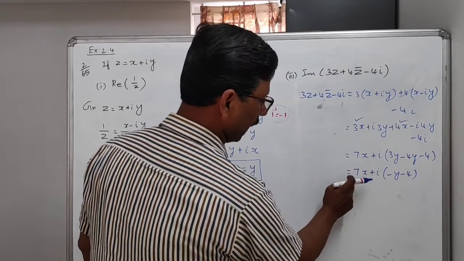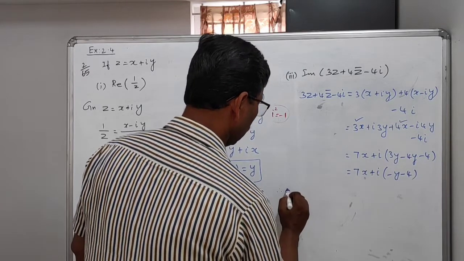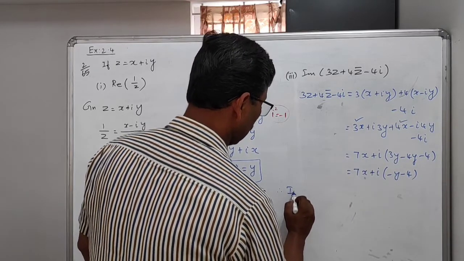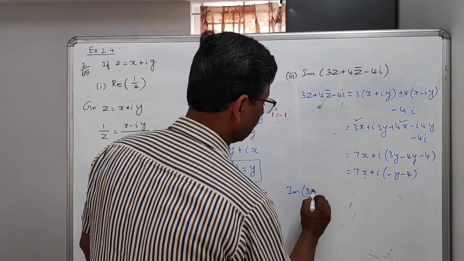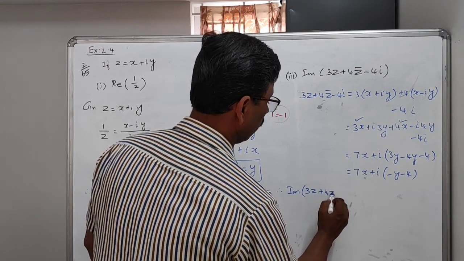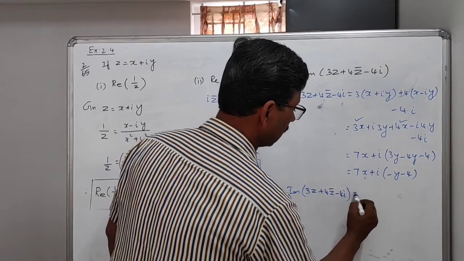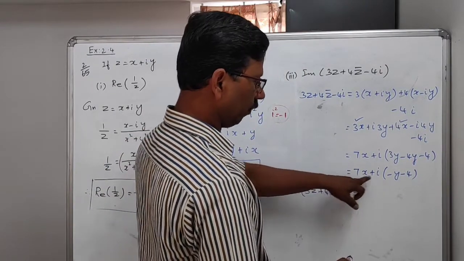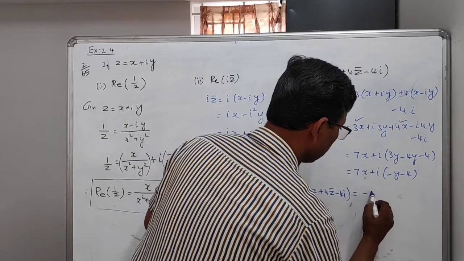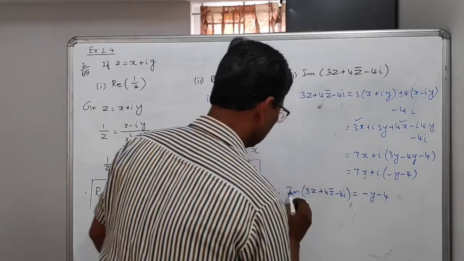Now it is in the rectangular form. Therefore, the imaginary part of 3z plus 4z bar minus 4i is equal to, this is the real part, we need only the imaginary part, which is minus y minus 4. That's all.